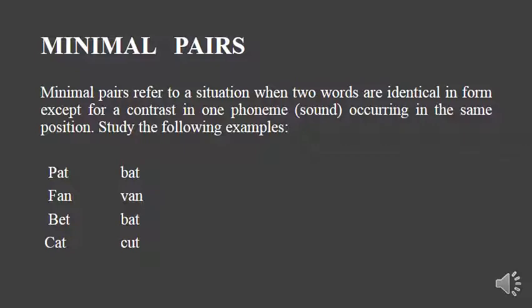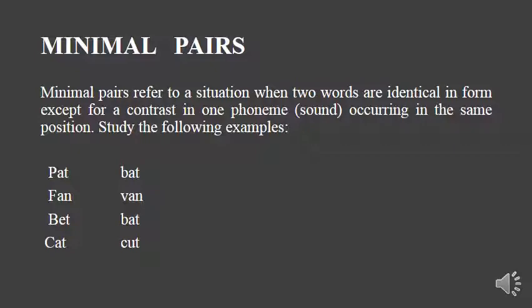In the next example, we have bet and bat. Bet is B-E-T, while bat is B-A-T. That is, there is a difference of vowels used in the two words. In bet, the E sound is used, which is a vowel sound, while in bat the A sound is used, which is also a vowel, and also in the same position.